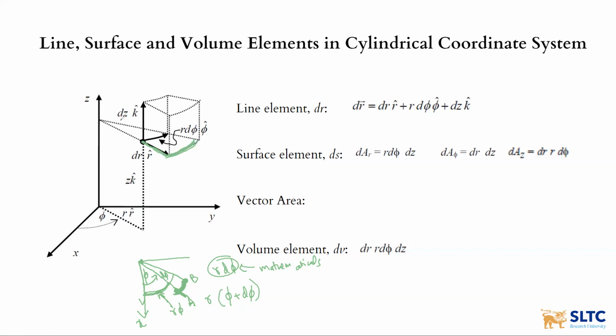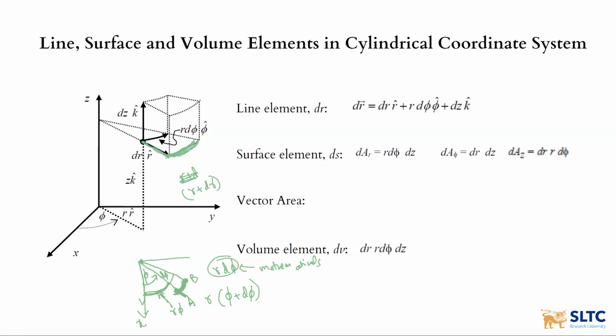Because once the radius is increasing, again we need to take r plus dr into d phi as the total length here. R plus dr is the new radius from this endpoint to the origin.